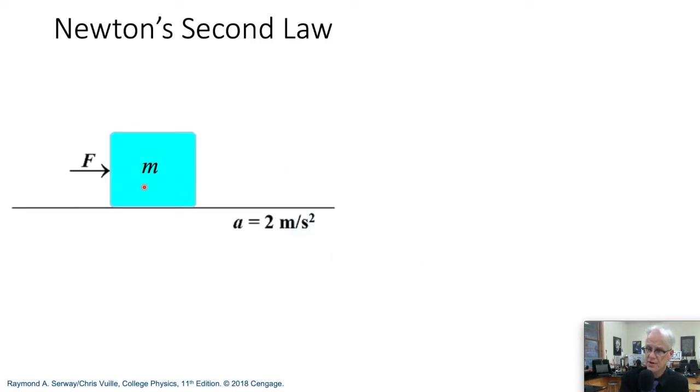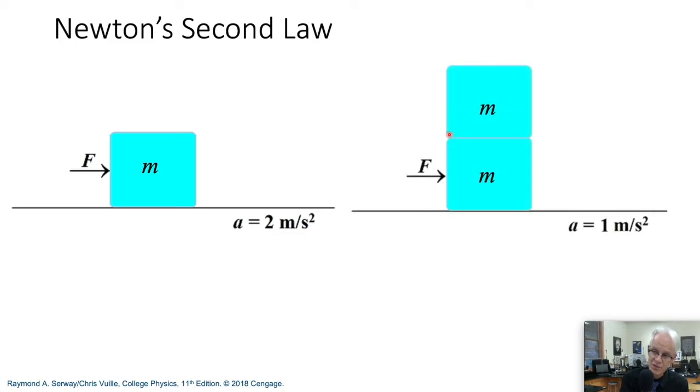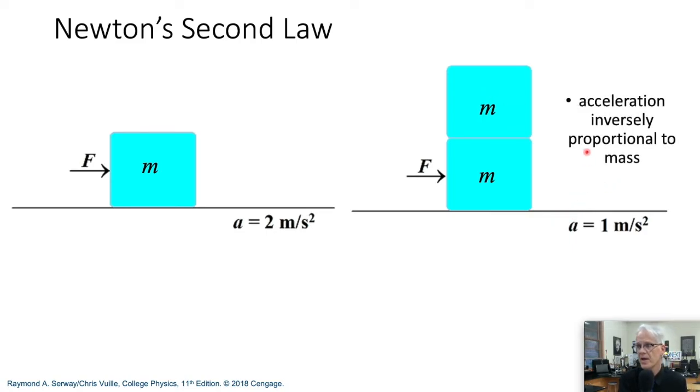Mass also affects acceleration. Let's say you push this block again with a certain amount of force and it accelerates at 2 meters per second squared. Then we stack an additional mass on top of that. We double the mass. Now our acceleration is half as much. Acceleration is inversely proportional to mass.